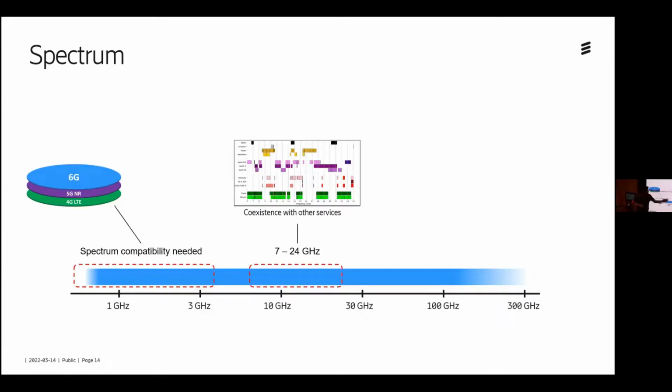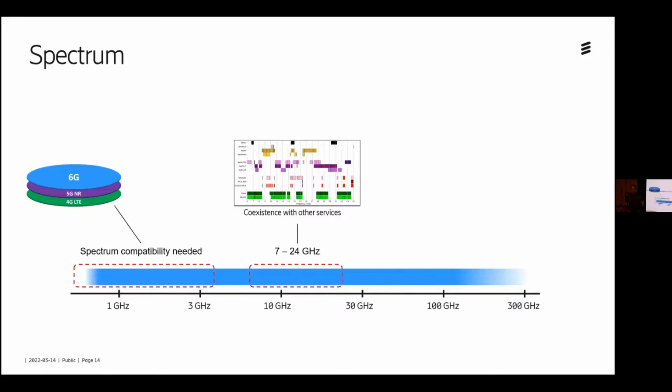Another interesting range, between these two red boxes, is the 7 to 24 gigahertz range. We see today NR is going up to 6 at least. Fundamentally, there is nothing in the technology that would stop us from going higher in this low half of the spectrum. But the 7 to 24 gigahertz range is currently not used by 5G.